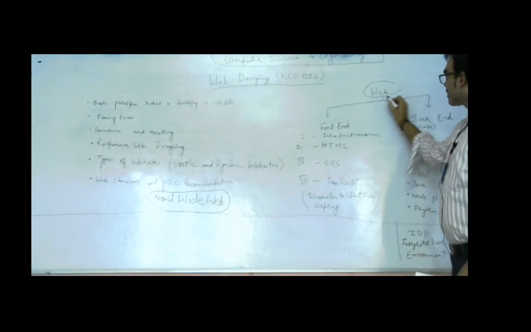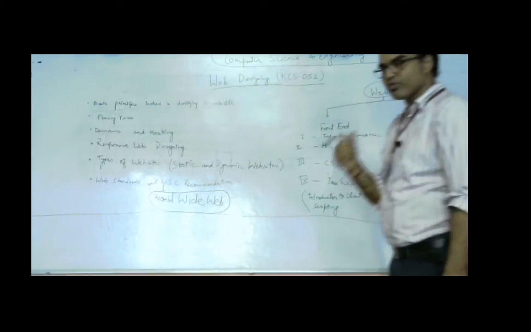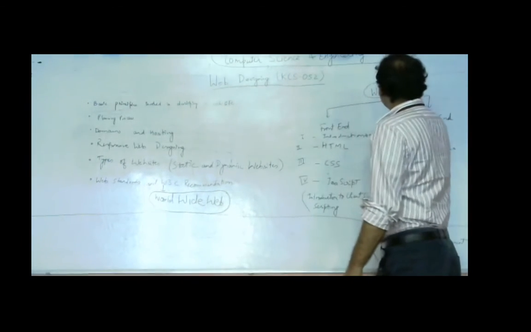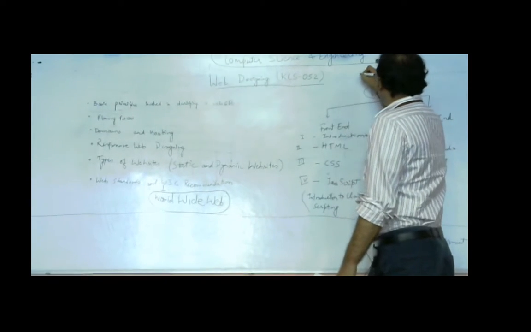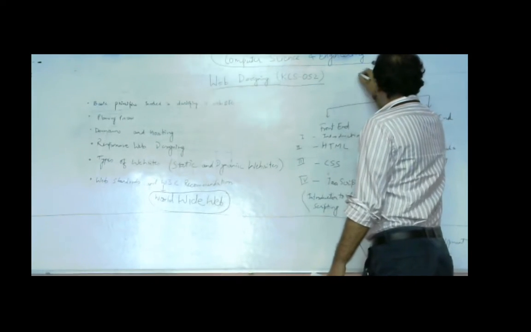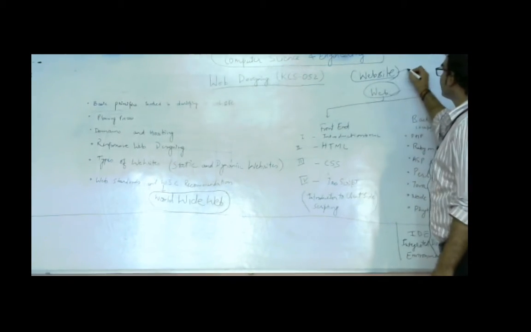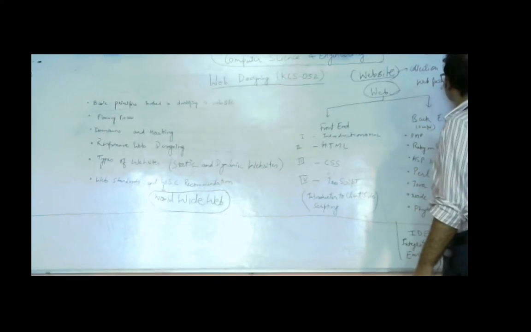See, this web is a collection of web pages. When we go for the web, we usually use the word website. Website is what? Website is a collection of web pages.